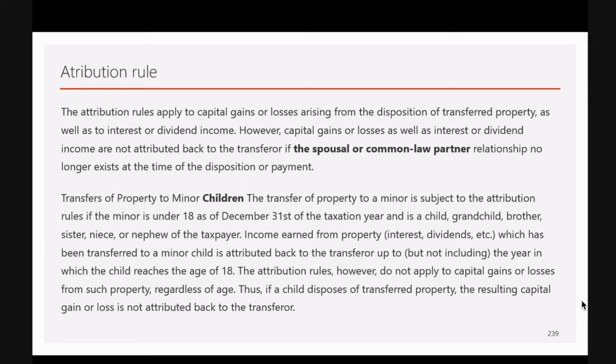So my question now is, does the attribution rule apply to this? The reason they are doing this is when they sell this house, her parents can apply for that home buyer amount.